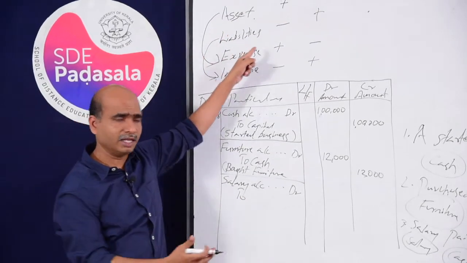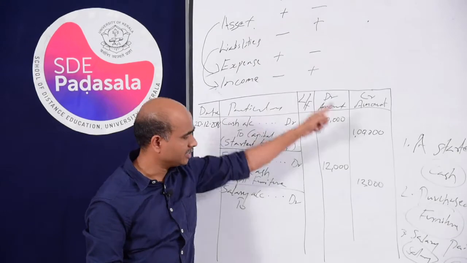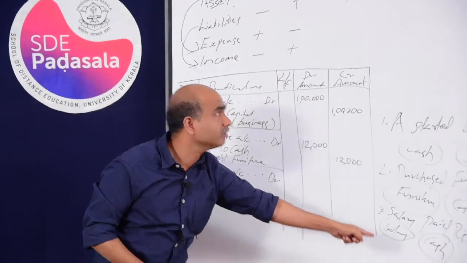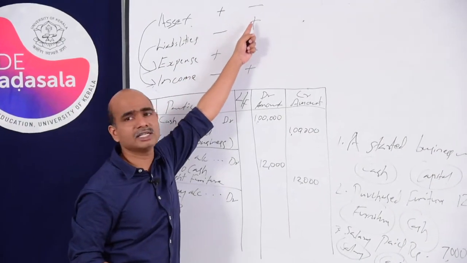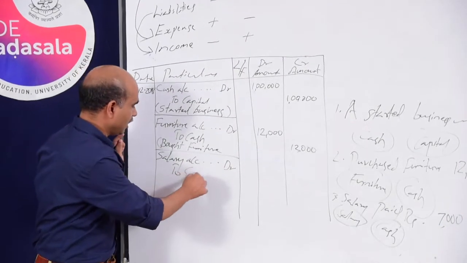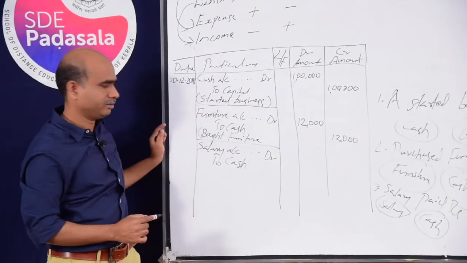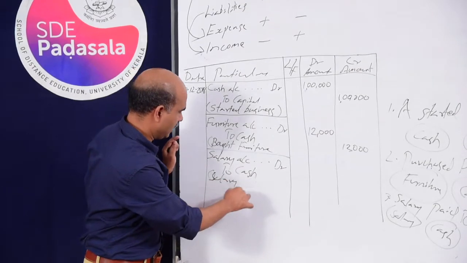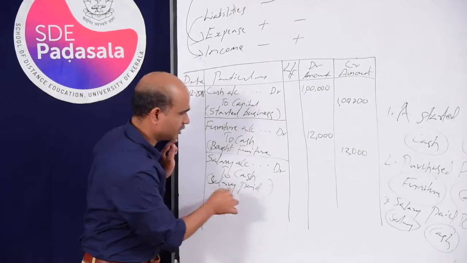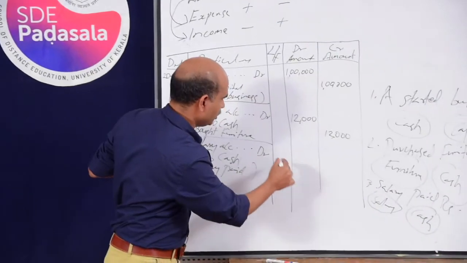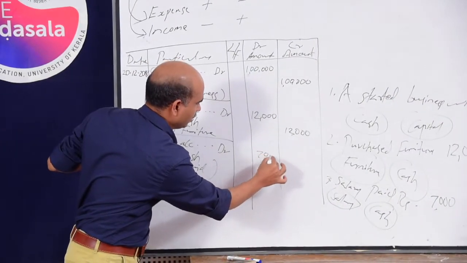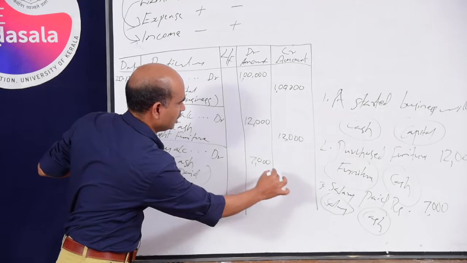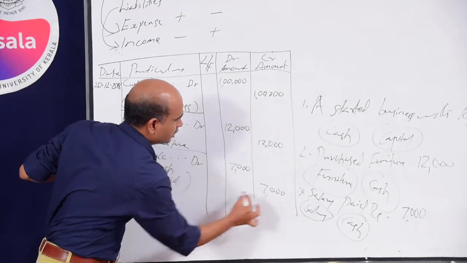When we paid salary, that asset decreased, cash decreased. When cash decreases, that is a credit item. Salary to cash. Salary paid is the narration. Amount is 7,000. Salary 7,000, cash 7,000.